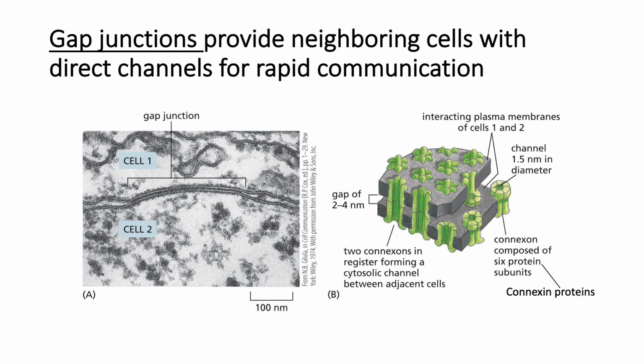Same is true with the uterus. There's lots of gap junctions, so you can get the signal at one portion of the uterus, and that signal is rapidly transferred to all of the cells of the uterus, and it allows the uterus to contract, which is what happens during labor when a woman is giving birth. So bottom line is they're required for rapid transfer of material and information between cells.